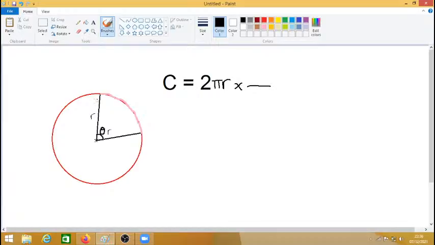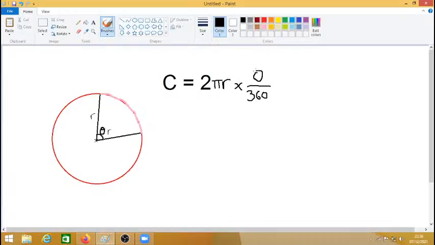Now, what fraction of the circle do we have? We know the full circle at the center has an angle of 360 degrees. So we could write 360 degrees at the bottom of the fraction. And this piece that we've cut has an angle of theta.